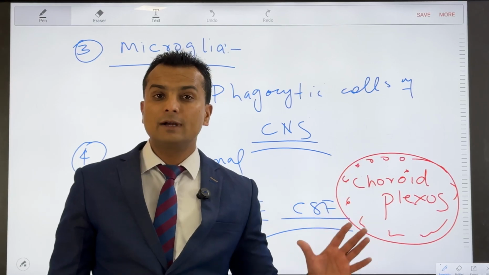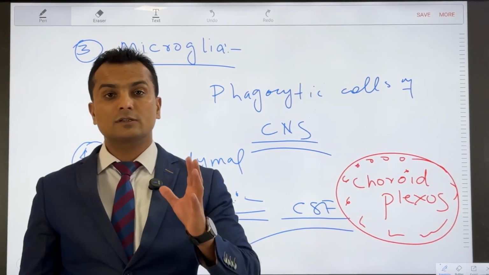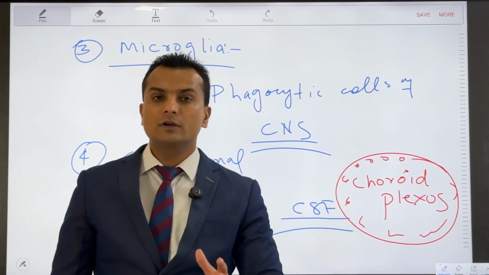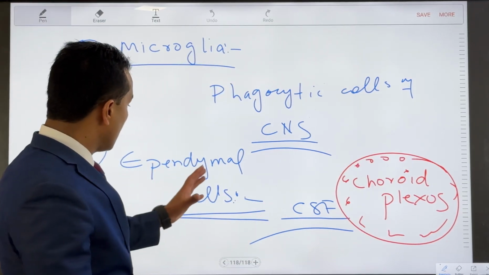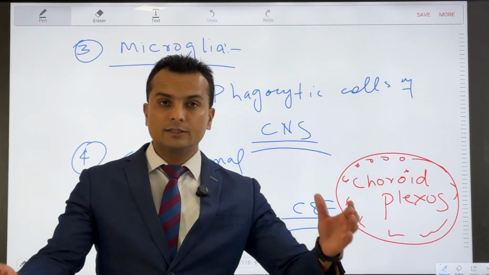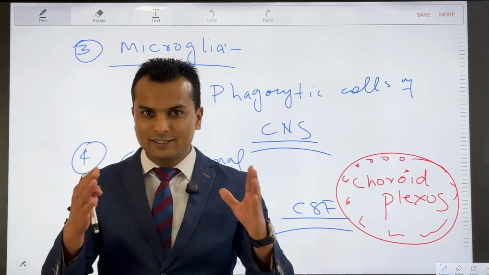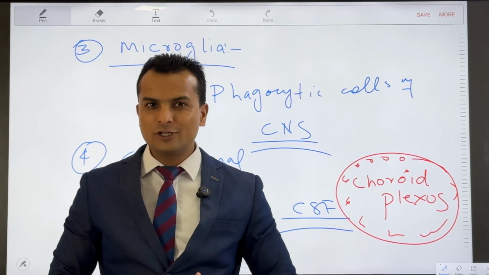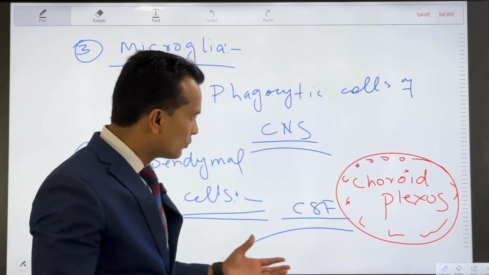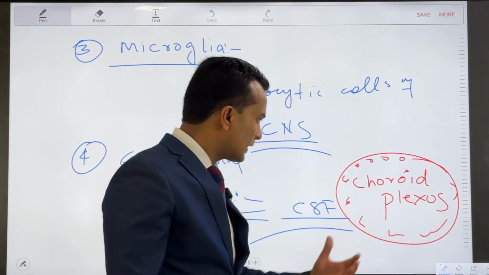These are a subtype of ependymal cells. Ependymal cells also have columnar epithelium. Why columnar epithelium? Because these ependymal cells line the central canal of the spinal cord and the ventricles for the movement of the CSF. So who helps in production? The choroid plexus.